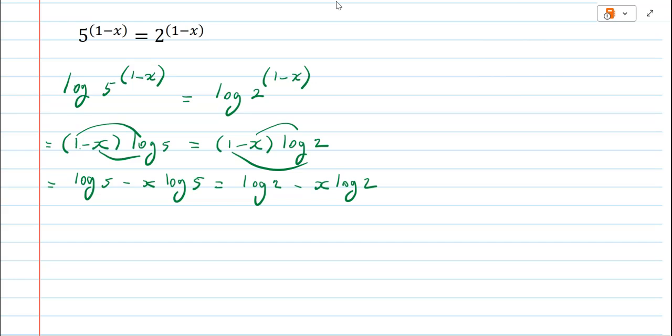Now we're going to collect like terms. When I say like terms, that means all the x's on one side and all the non-x terms on the other side. You choose which one, left or right, but I'm going to put x's on the left in this case and numbers on the other side. So here it is.